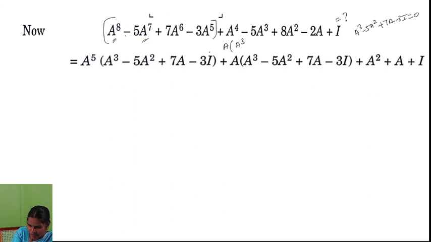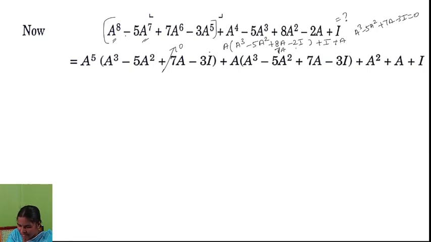We will get A cube minus 5A square plus 8A minus 2I plus I. But here A cube minus 5A square plus 7A minus 3I is already there, so this term becomes 0. But see, here something is missing. A cube minus 5A square is there, but here 7A is there. So we will split 8A as 7A plus A. Yes, we have split it as 7A plus A.